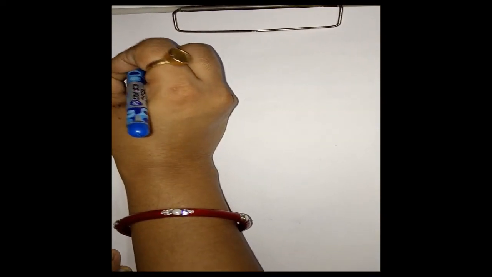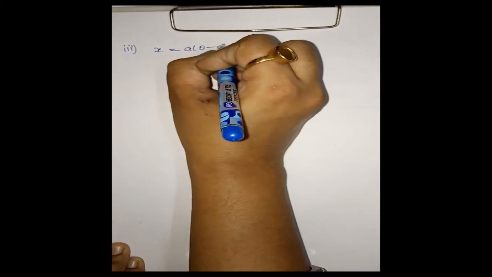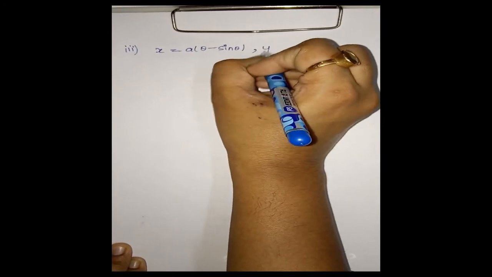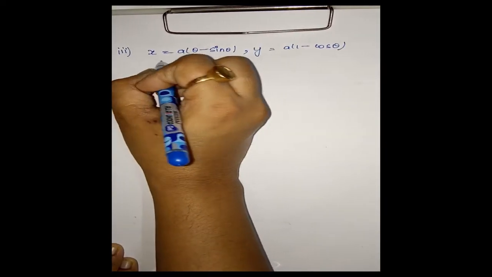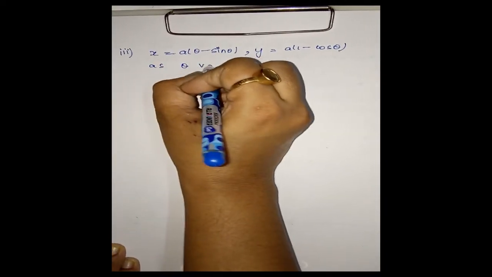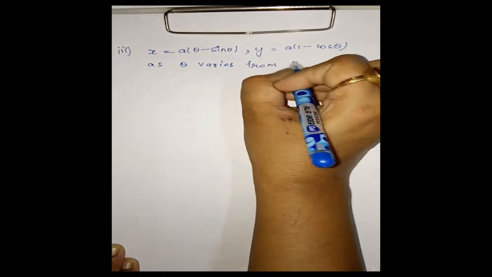Now let us consider the next example, the third. x is equal to a(theta minus sin theta) and y is equal to a(1 minus cos theta), as theta varies from 0 to 2 pi.